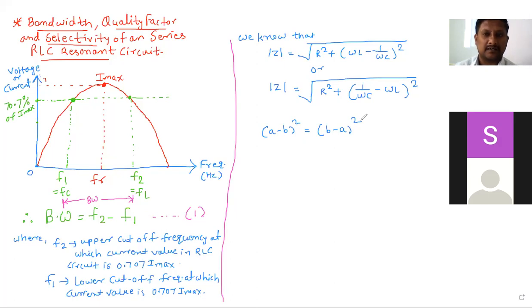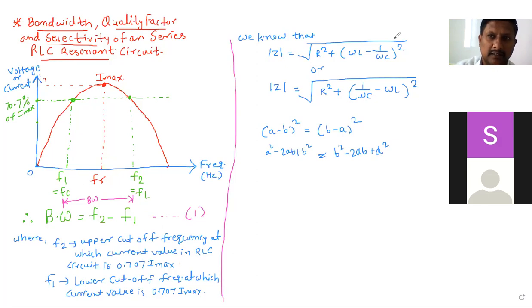You expand both equations. What will A minus B square give? A square minus 2AB plus B square. Here what will come? B square minus 2AB plus A square. So both are the same. Similarly, omega L minus 1 upon omega C bracket square is same as 1 upon omega C minus omega L bracket square.